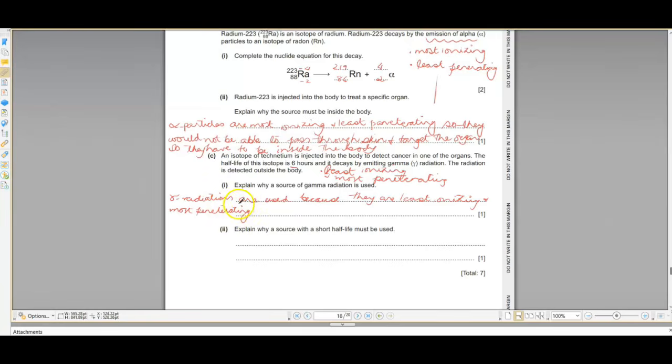So they can pass through the body's tissues to be detected by the sensor outside the body.